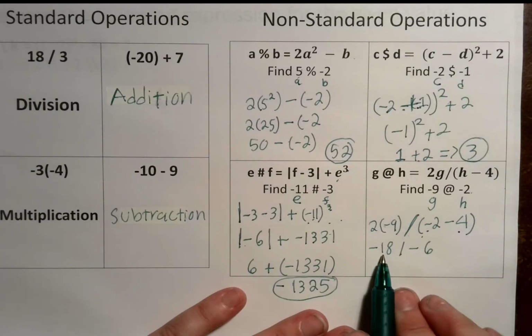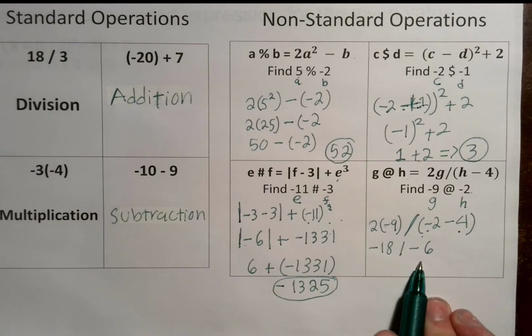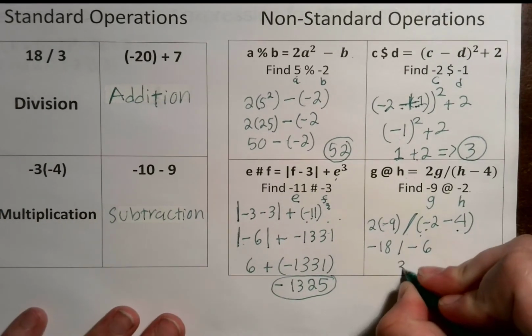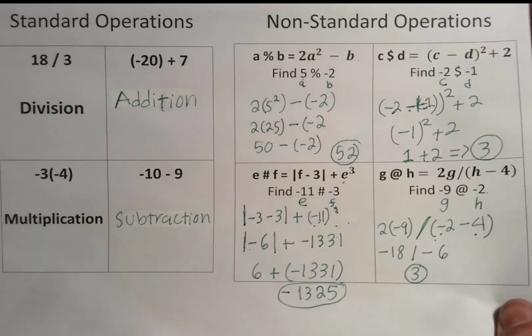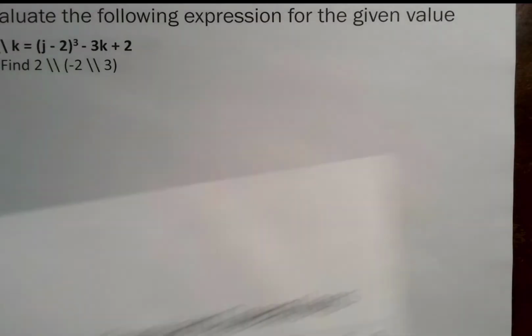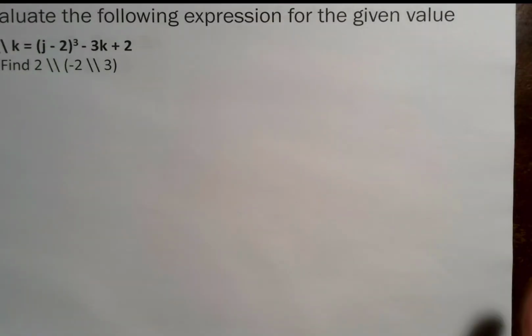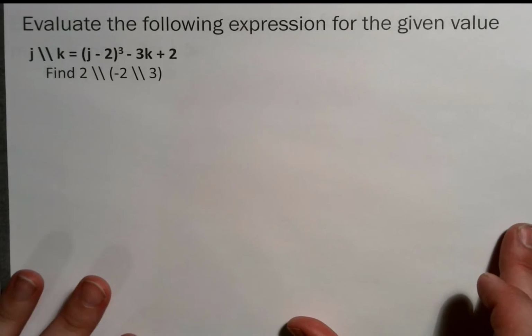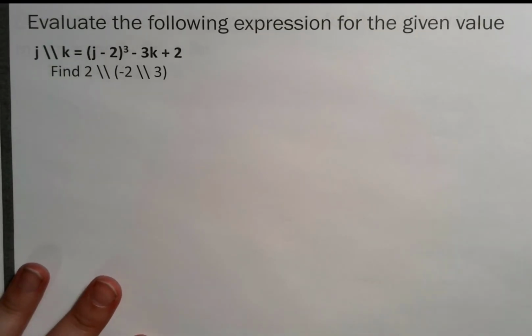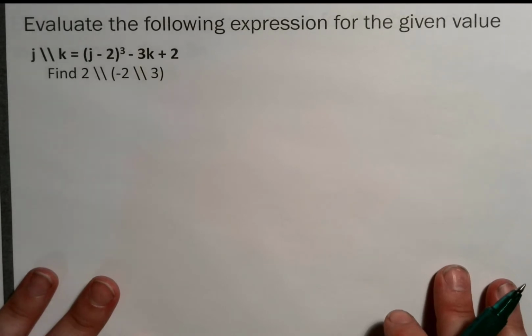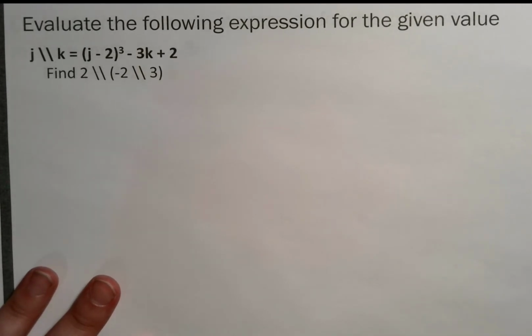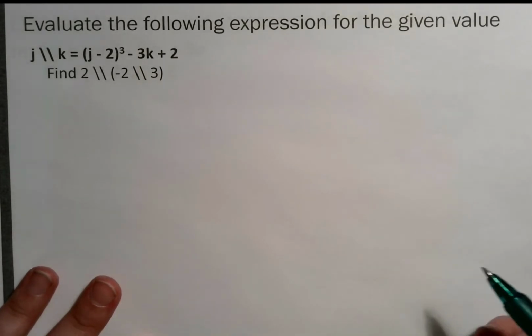Then we're going to do negative 18 divided by negative 6, which is positive 3. So these are some basic ones that you will see. I'm going to go over a couple more in-depth ones, where you have a couple steps that you have to do.